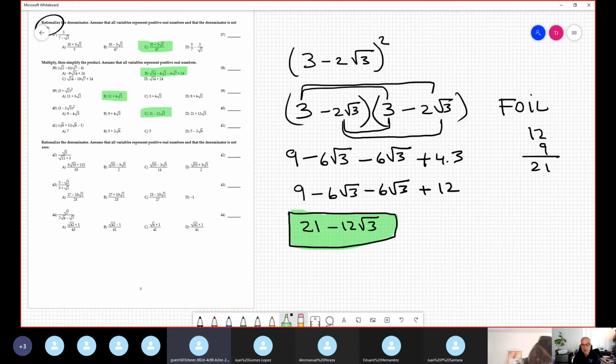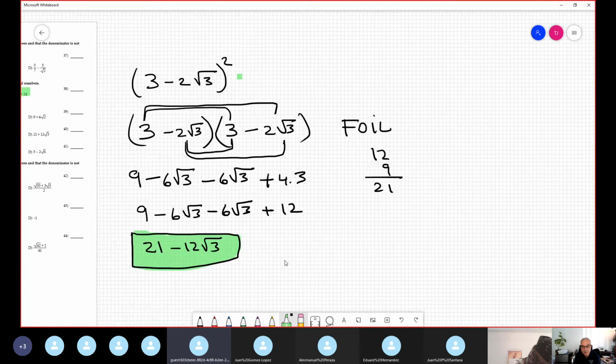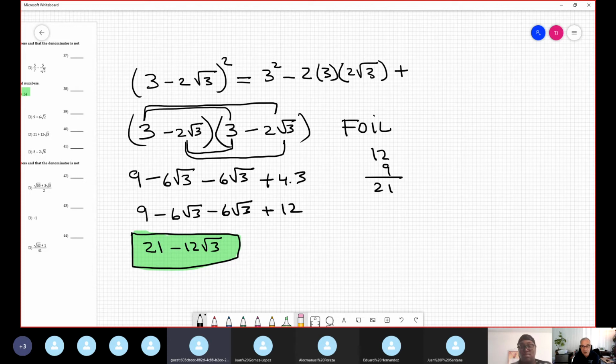Okay, another possibility using the formula. Let me try using the formula. The formula says this is equivalent, exactly the same. Square the first, 3 squared, and minus, because this sign is minus, 2 times the multiplication of 3, which is the first, and b, which is the second, 2 radical 3. Plus, always plus in the second, square this guy, (2 radical 3) squared.